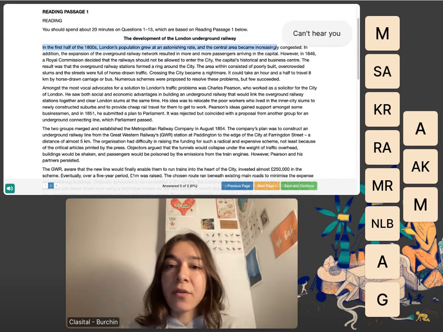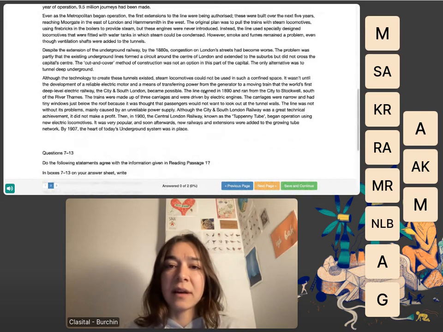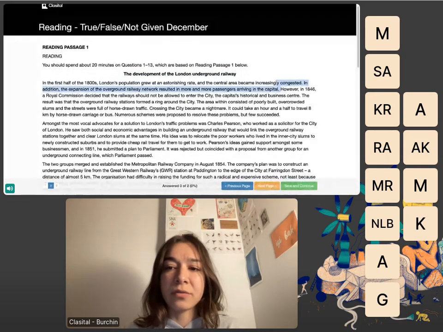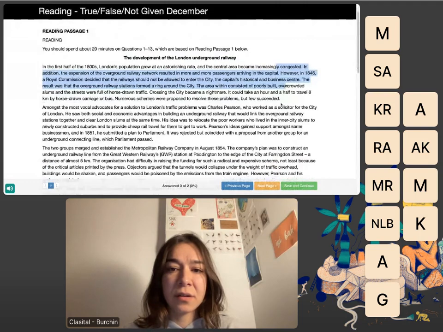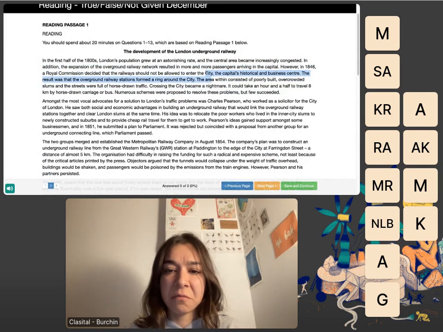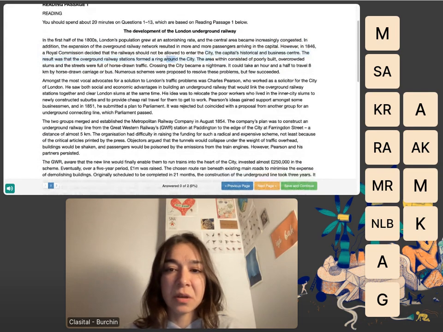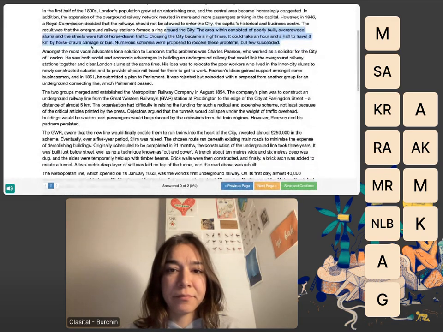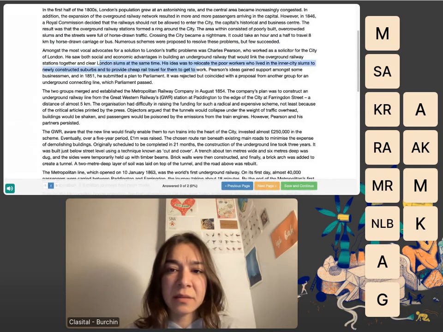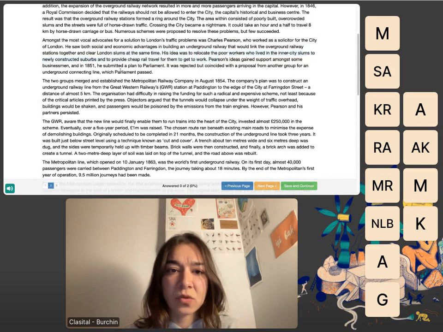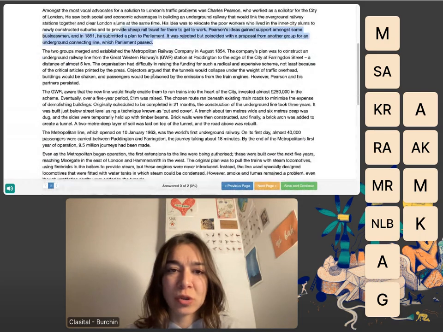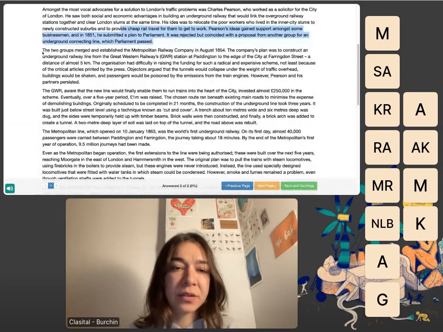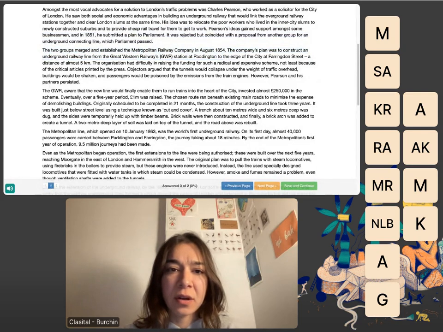London's population grew. What was it? Metropolitan Line. Congested city. Charles Pearson. London slums. The two groups merged and established the railway company.